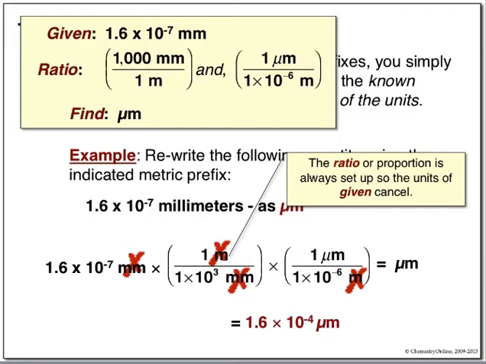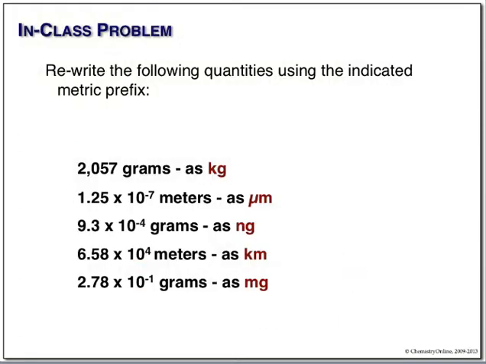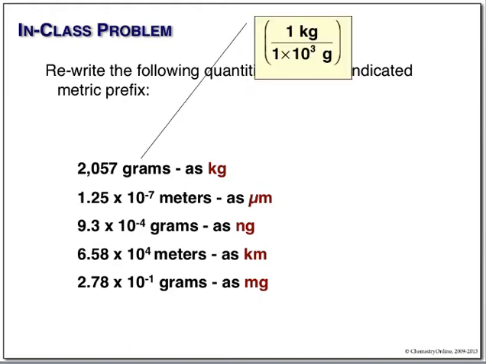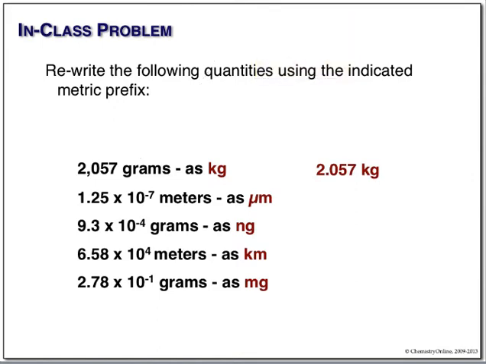Let's work some problems. Take each of these and do the conversion as indicated. Gram to kilogram. We remember that kilo stands for 10 to the third, so we could write something like this with gram in our denominator. Meter to micrometer.